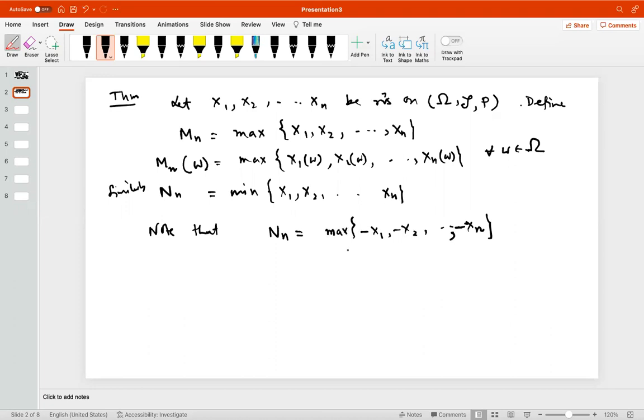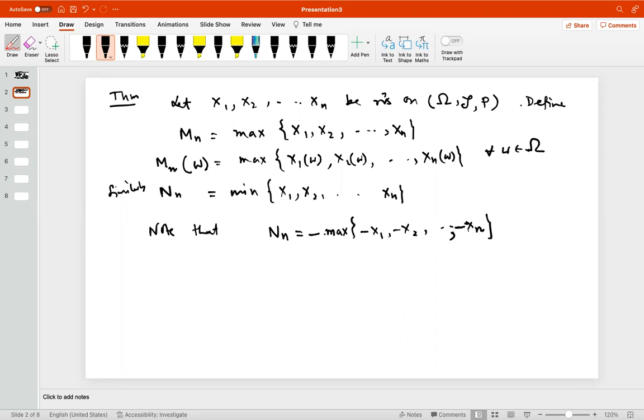Now note that it is easy to see that Yn is nothing but the negative of the maximum of minus X1, minus X2, ..., minus Xn. Say for 2, 3, 5, the minimum is 2. But taking minus 2, minus 3, minus 5, minus 2 is the maximum. So if you take the maximum and then again take the minus, you get the minimum. So the minimum is the minus of the maximum of the minuses.